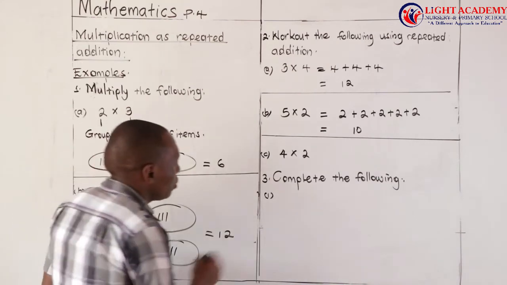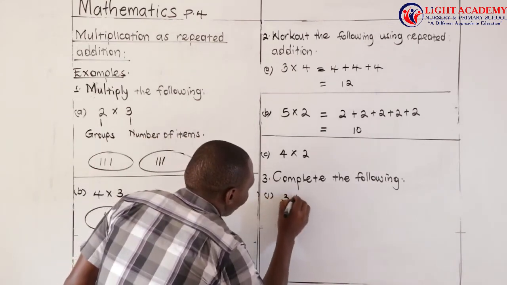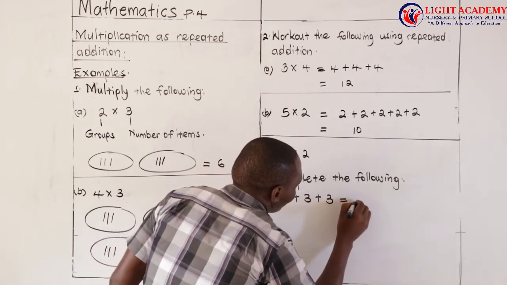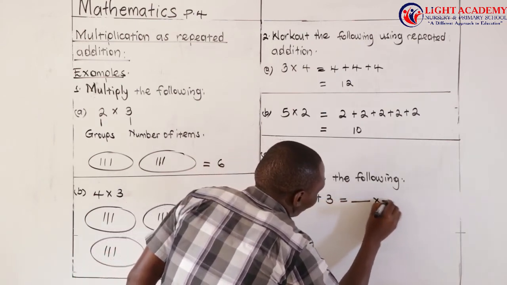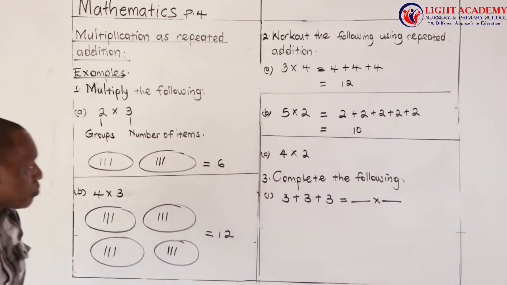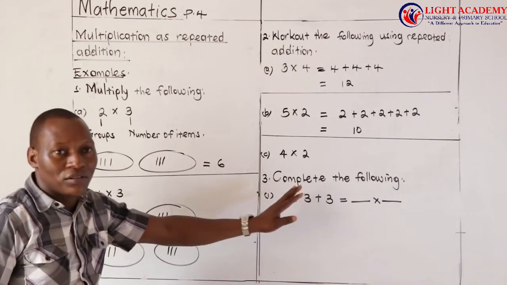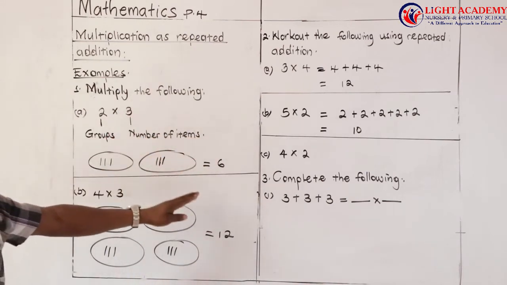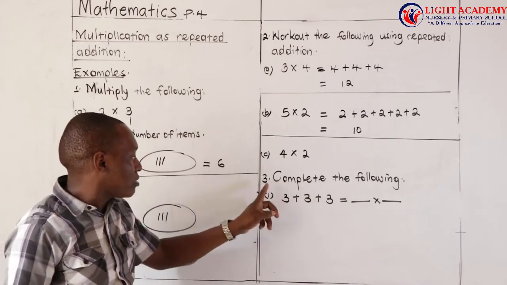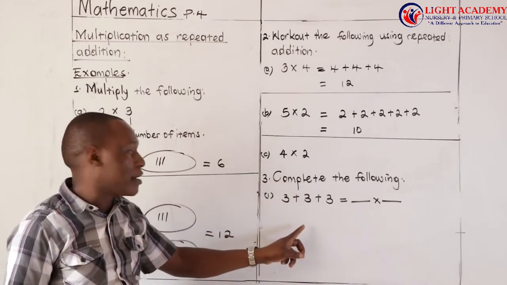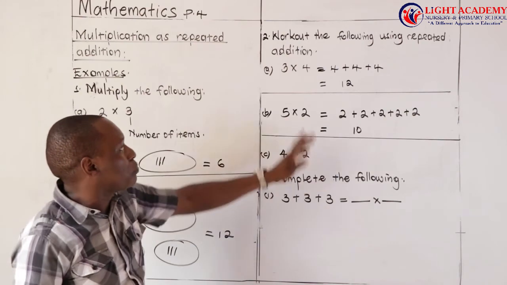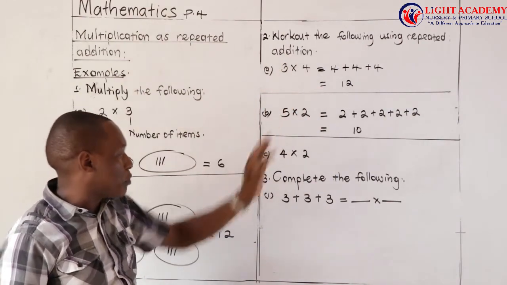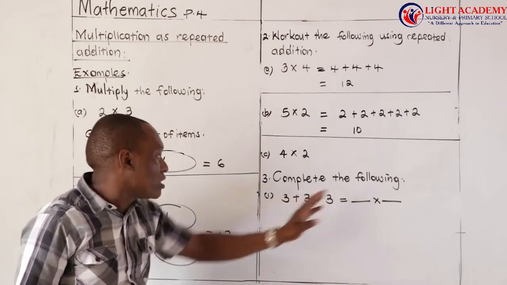They have said 3 plus 3 plus 3 is equivalent to dash multiplied by dash. Okay? When we are answering such questions, they actually come when we understand the groups and the number of items. They have said use the concept of repeated addition, or using multiplication as repeated addition, to complete the statement.